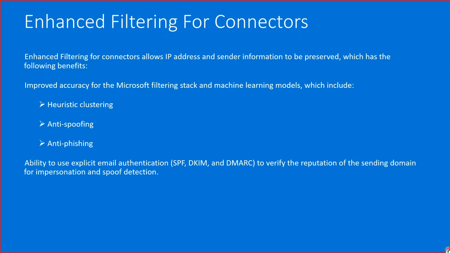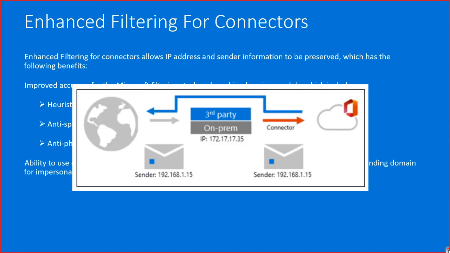Again, enhanced filtering for connectors gives us the ability to use explicit email authentication mechanisms like SPF, DKIM, and DMARC, and to get the reputation of the sending domain for spoof. And with enhanced filtering for connectors, this is how the flow looks. Here we have the same scenario.